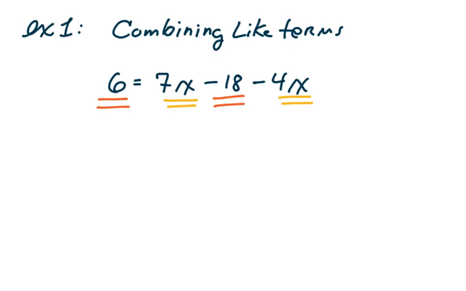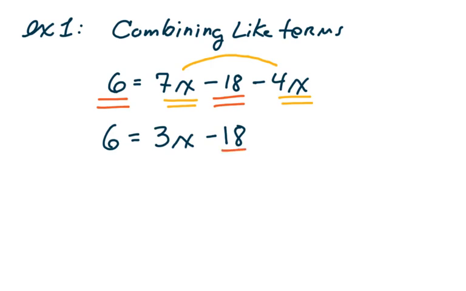The first step in solving this for x, our ultimate goal, is to combine the like terms. I'm going to combine my x's first, and I'll get 6 is equal to 7 minus 4, so that is 3x minus 18.